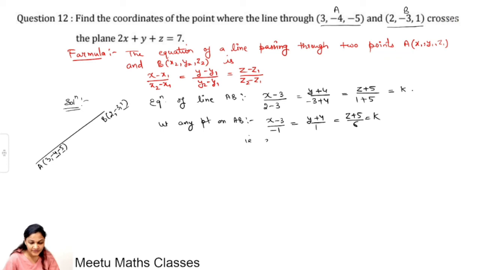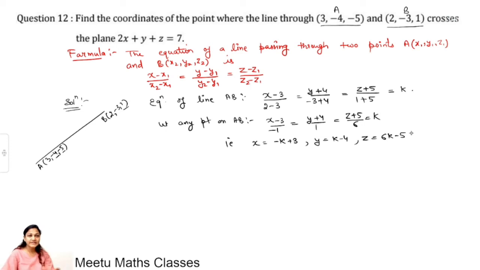Or we can find a general point on this line, that is x is minus k plus 3, y is equal to k minus 4 and z is equal to 6k minus 5.